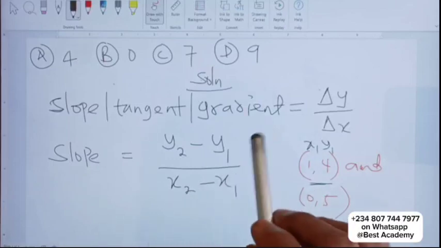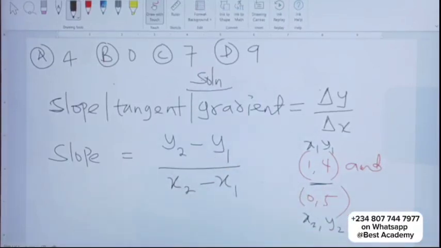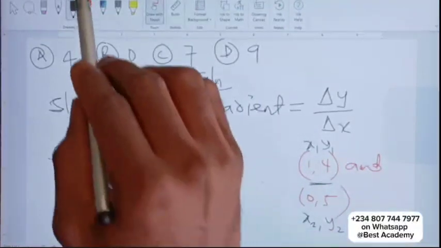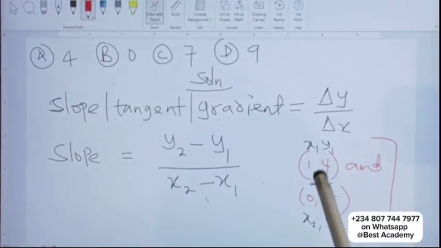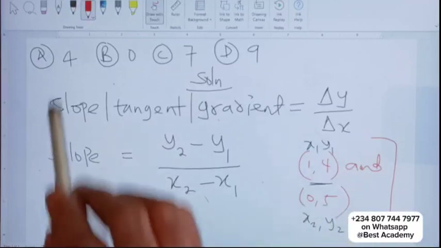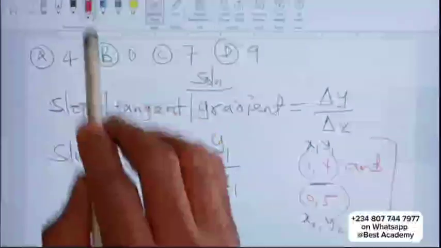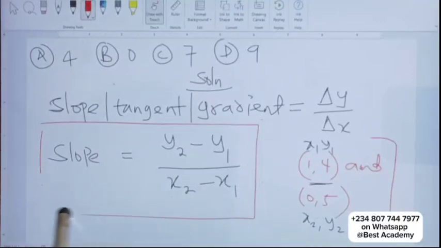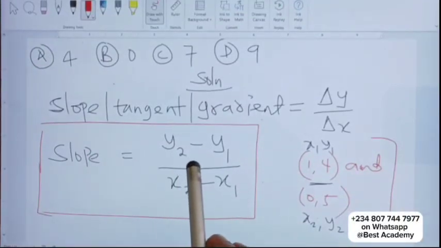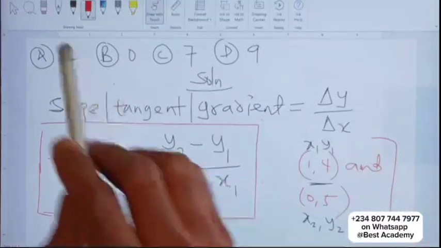So replace the values, you can solve for the slope. But listen, this is when the points are given: s1, y1, s2, y2. We can use this definition of slope. So slope is equal to y2 minus y1 over s2 minus s1.